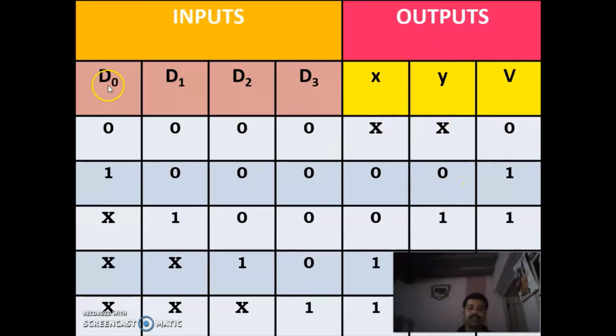Now we write 1 in D0 and 0 in all the other inputs. So you put 0 in D1, D2 and D3 and 1 in the place of D0.